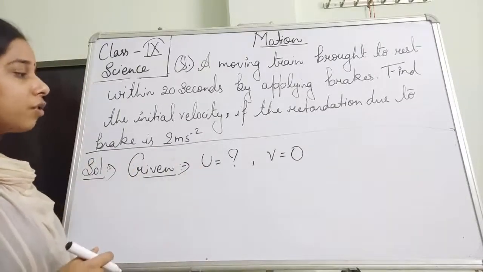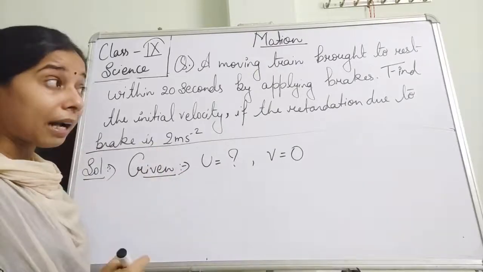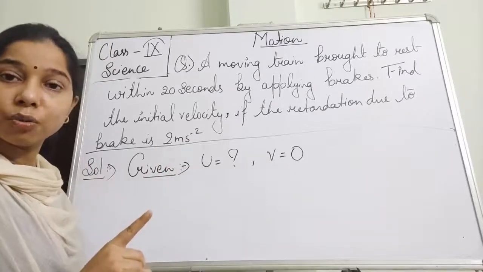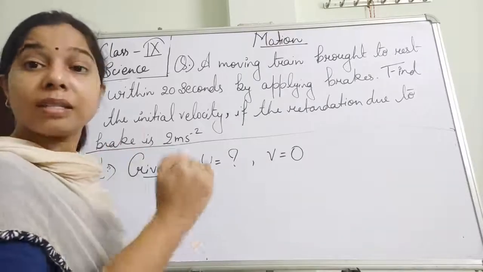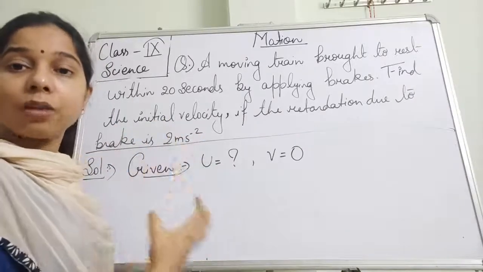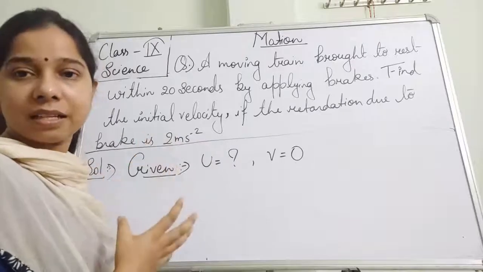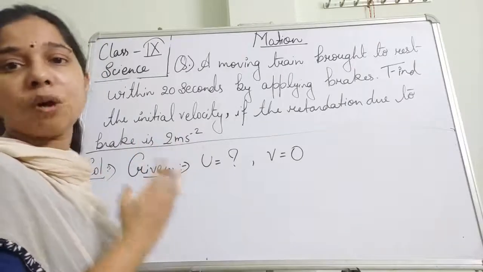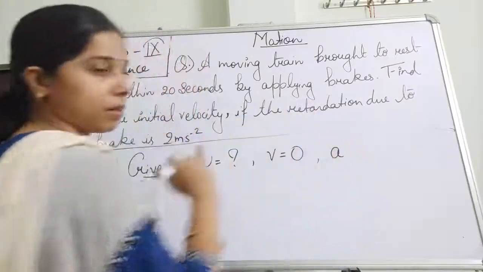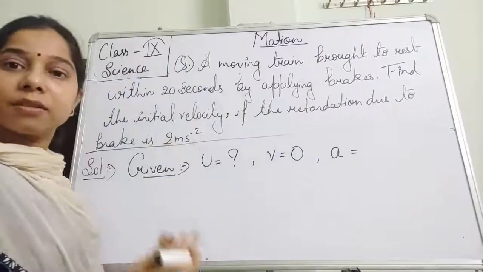And the other thing which is given here is the retardation. So retardation is what? It is the negative acceleration. It is acceleration only, but here the velocity keeps on decreasing. So if the velocity is decreasing, making the object come to rest, obviously it will be a negative acceleration. It can't be a positive acceleration. So we will write here a, students. But you see, in the question it is already written retardation.